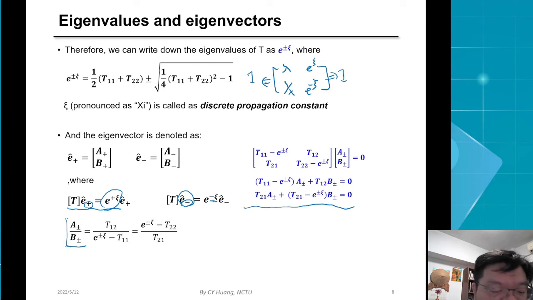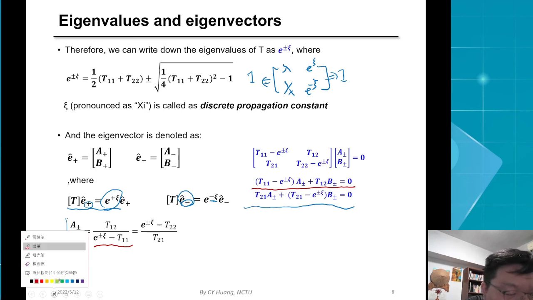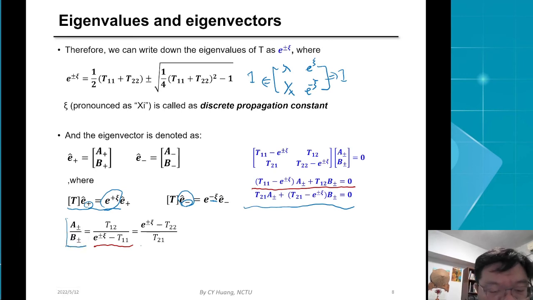The first is A over B equals T12 divided by exponential c minus T11. This part is from the equation here. Similarly, we can also write down the expression for the second part, from the second equation here.